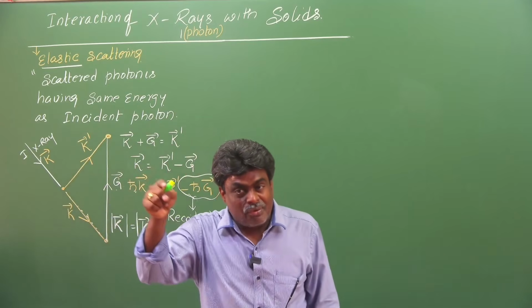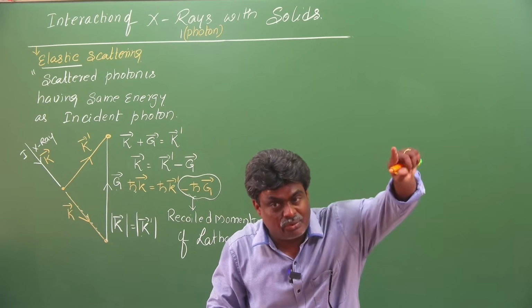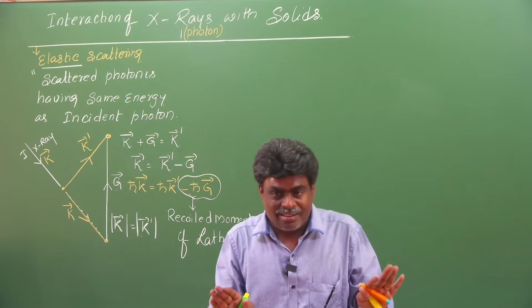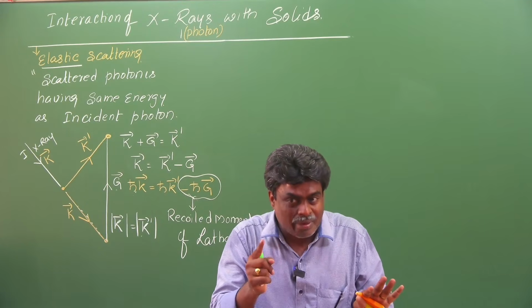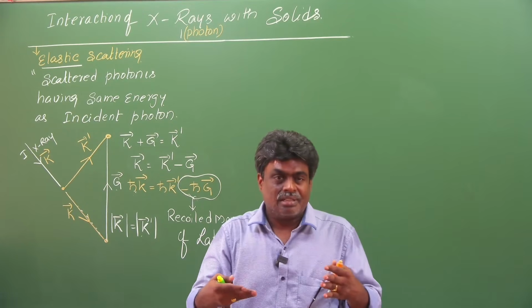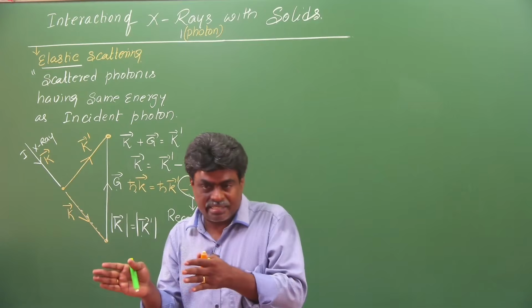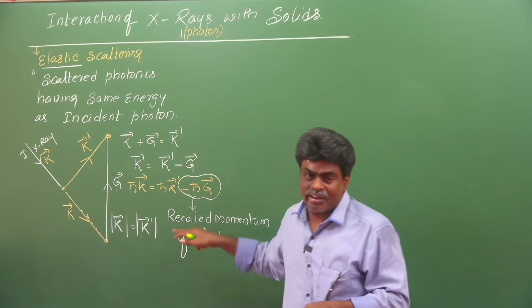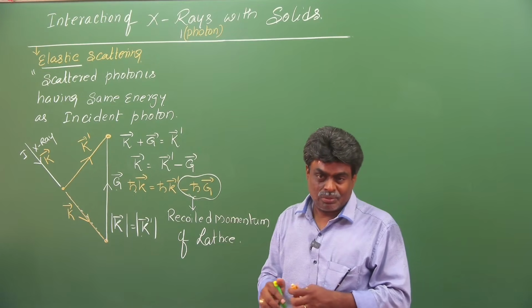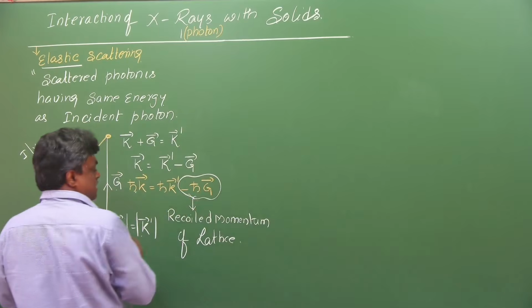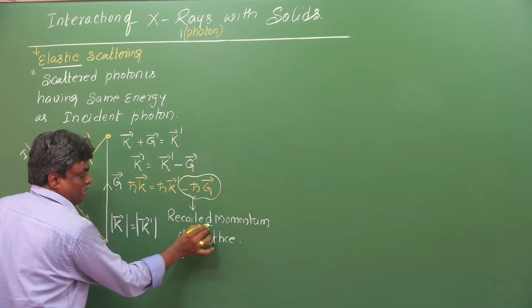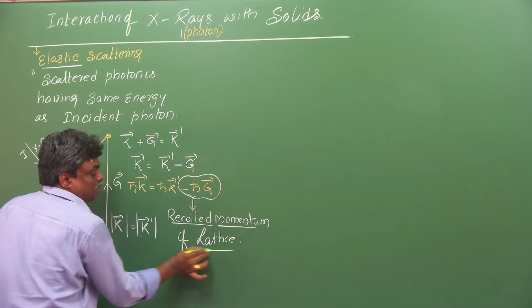The incident photon energy and the scattered photon energy are the same, but still there exists one extra momentum of the lattice, and the lattice will be back scattered or simply recoiled. So this is not participating in any energy, but this term indicates what? Recoiled momentum of the lattice.